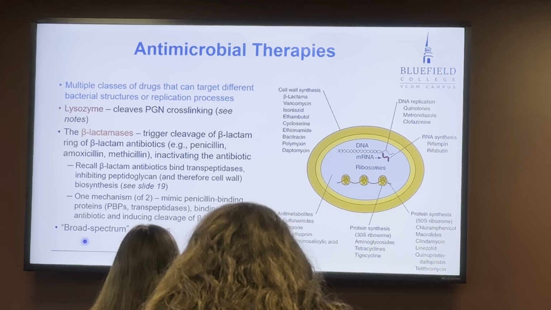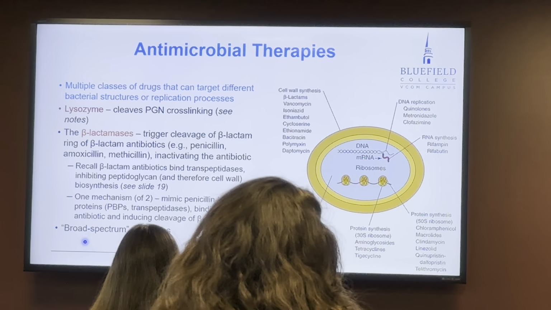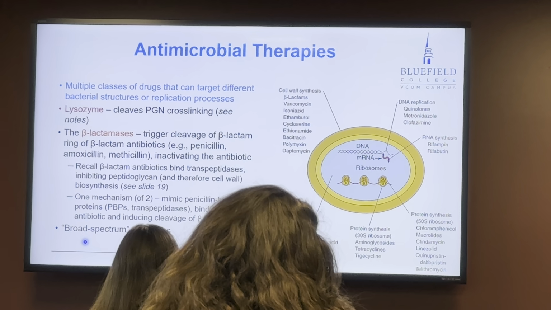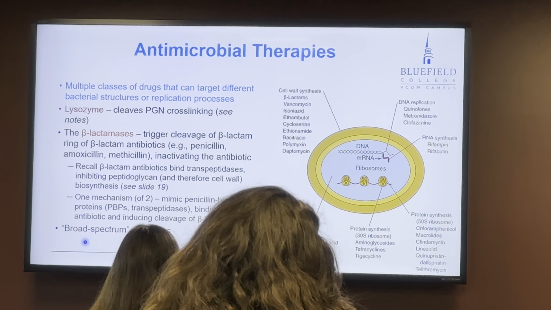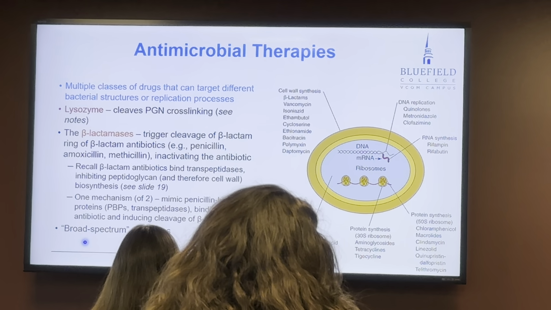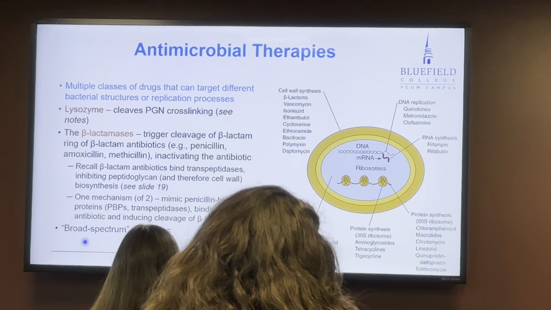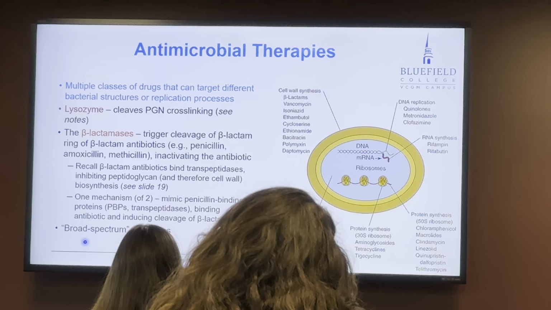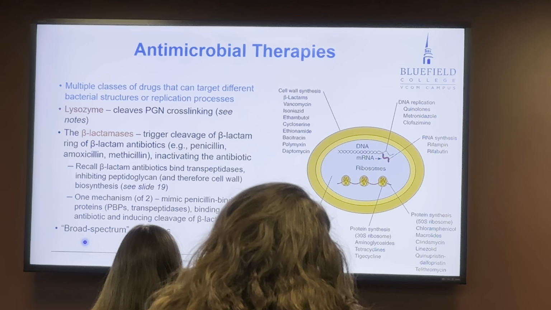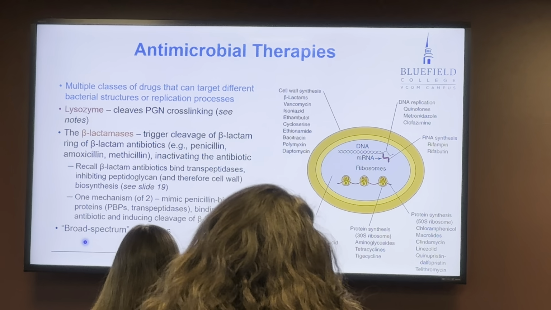Why would that be? Really thick peptidoglycan layer, really thin peptidoglycan layer. So it's going to take a whole lot more stuff to kill that gram-negative as far as a drug treatment, because they aren't as dependent on the structural integrity of that peptidoglycan.